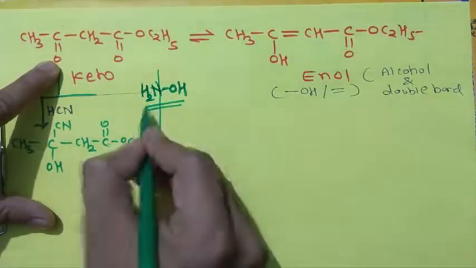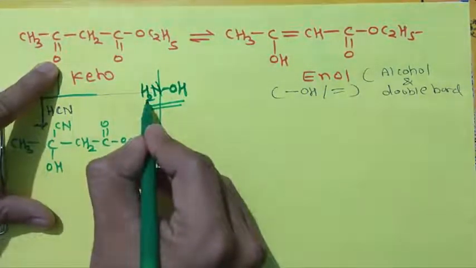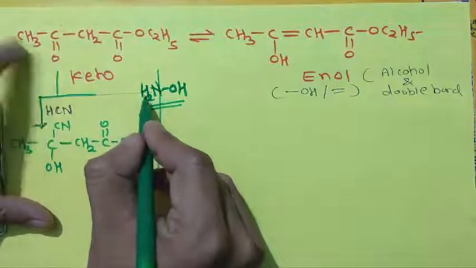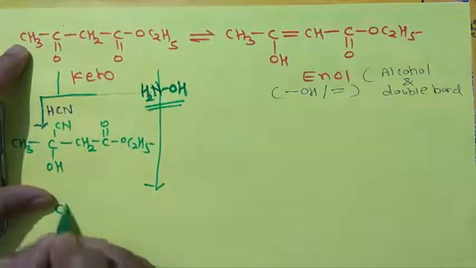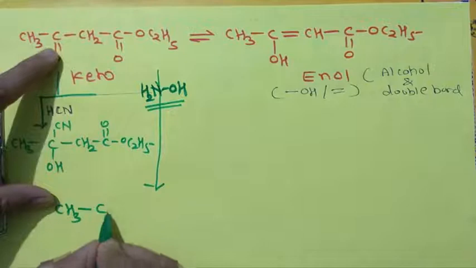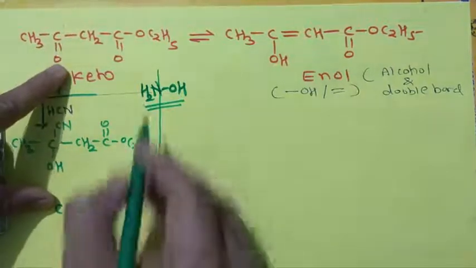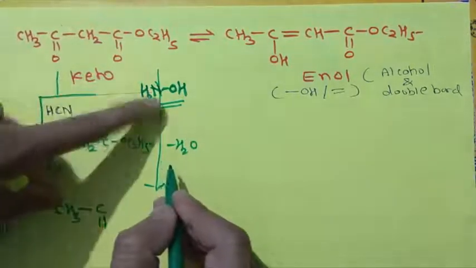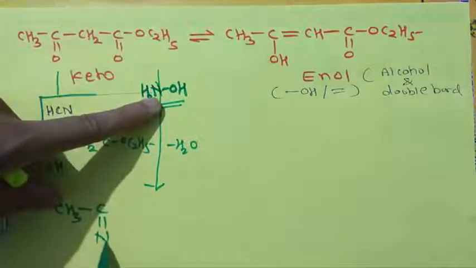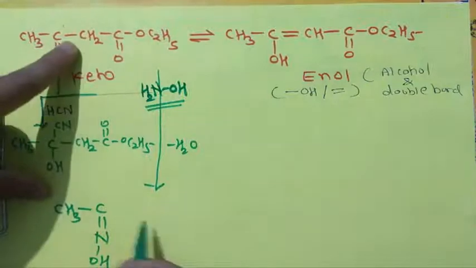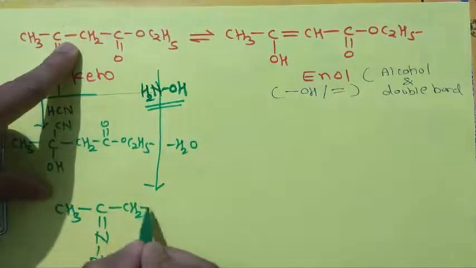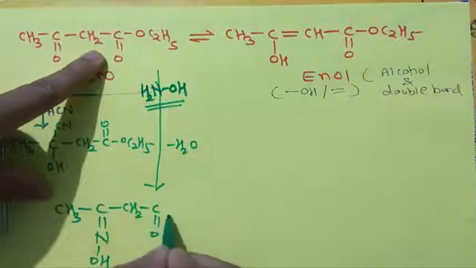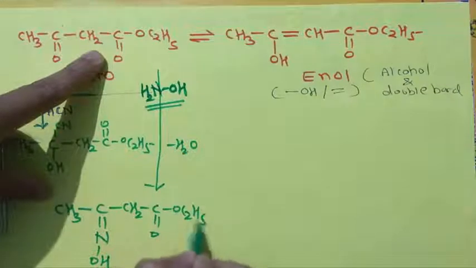This oxygen atom and this hydrogen atom, the water molecule is eliminated. What is remaining? Here is the CH3 C double bond, minus H2O, and what is remaining is nitrogen and here OH. And again here CH2 C double bond O, O C2H5.